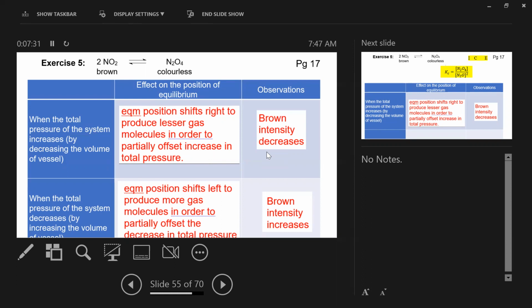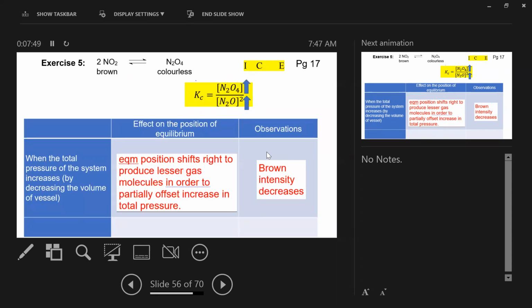So the reaction can only respond by changing its number of gas particles. Similar idea, if you reduce the pressure, it will have to increase the gas particles in order to resist that change. So this is what you should recognize.